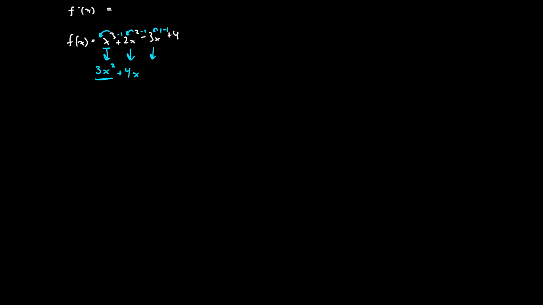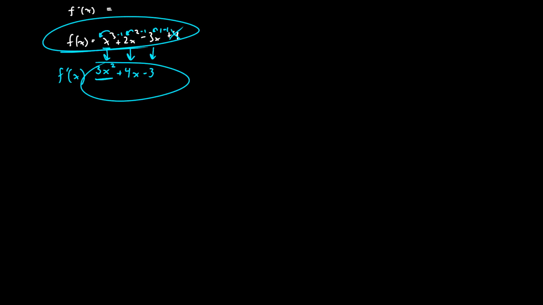So I'm left then with negative 3 times 1, which is negative 3. And remember, we said that constants drop or turn to 0, so we pretty much don't need those. So this is the derivative function of this thing. And let's look at one more example quickly.